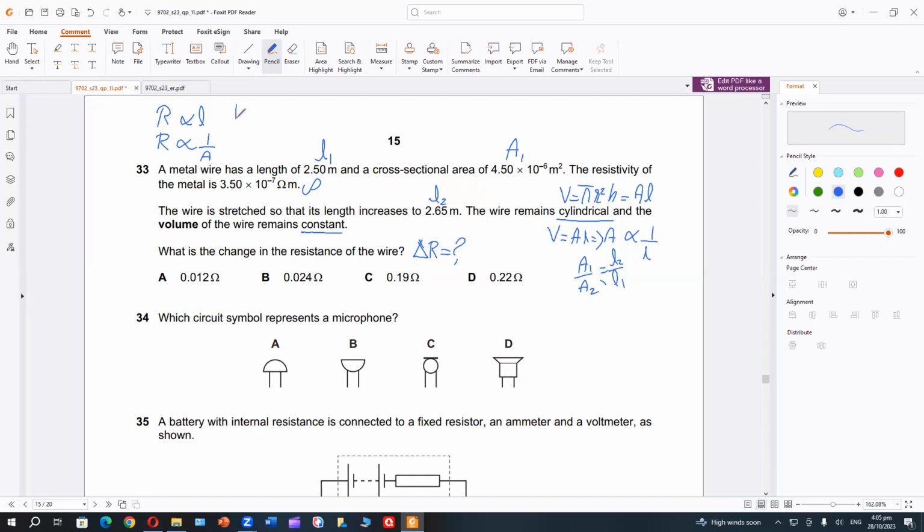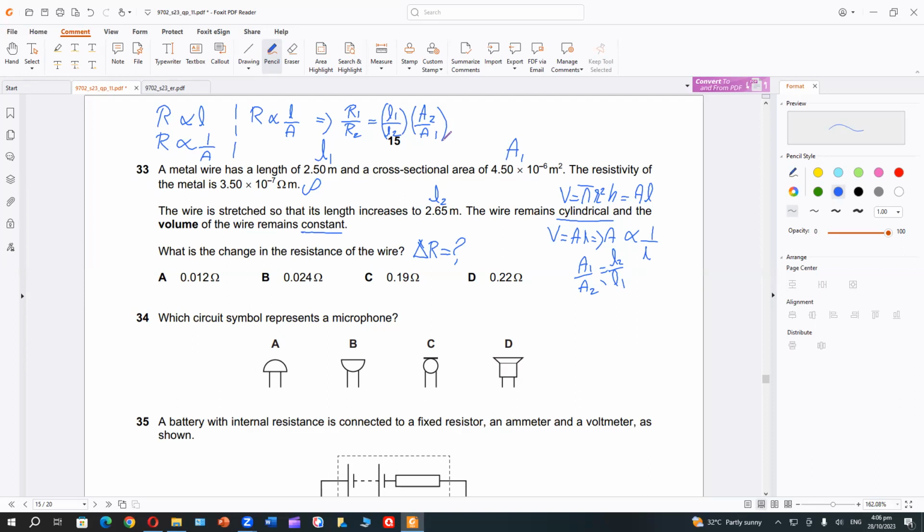And here I can make a relation. R is proportional to L upon A, and I can say that R1 upon R2 is equal to L1 upon L2 into A2 upon A1. A2 will be 4.2 times 10 to the power minus 6. This is right. You can do that.